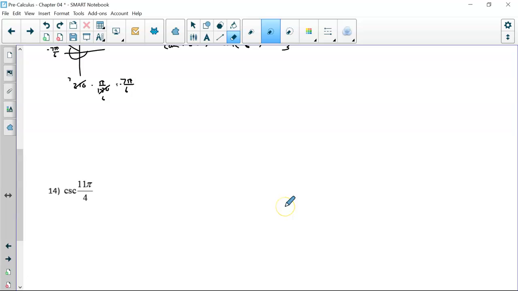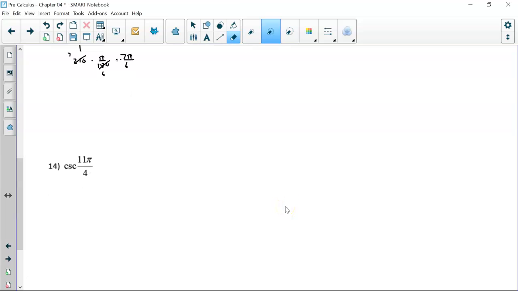The cosecant of 11 pi over 4. All right, whenever I see an over 4, I know I'm going to have a root 2 over 2 and a root 2 over 2. Now, 11 pi over 4, I'm going to visualize this. 11 pi over 4 is pretty big. If I go 4 pi over 4, that's one circle, and then 8 pi over 4 is another circle.